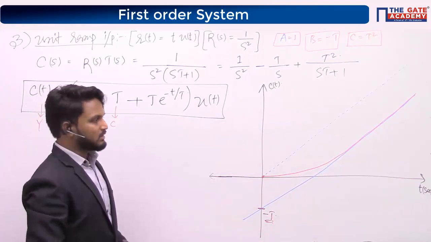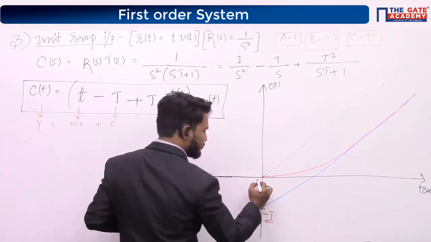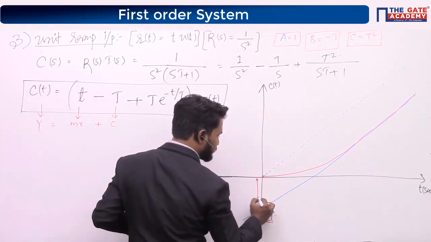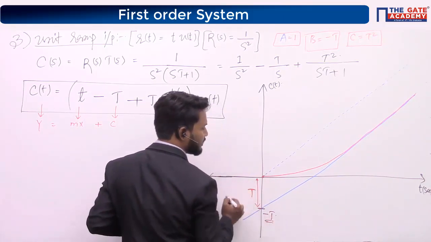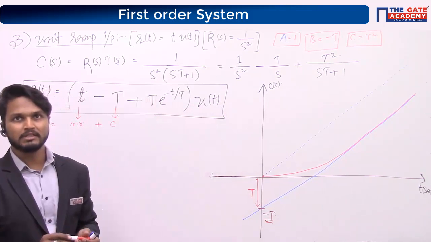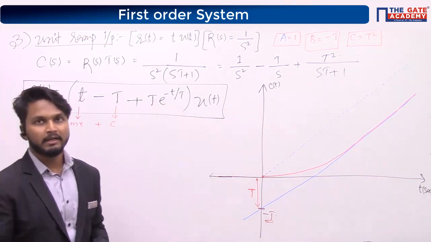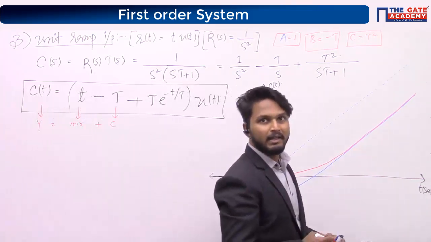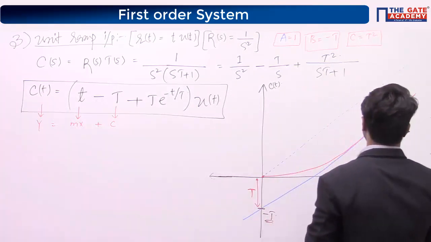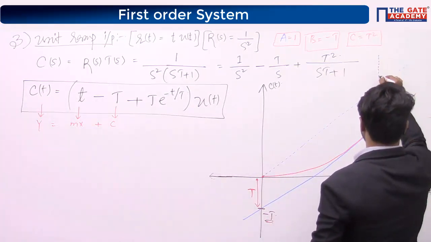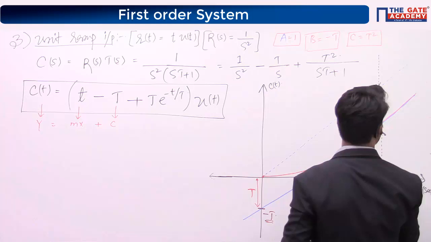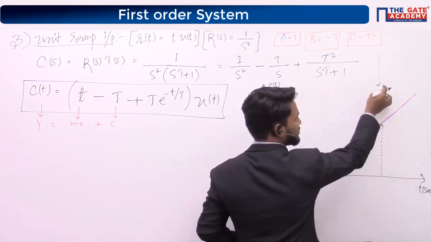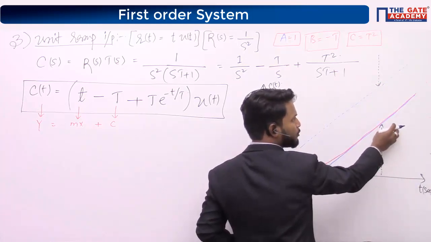Which means, see here, the distance from this point to this point, what is the distance? The distance is T units. Yes or no? The distance is T units, right? Likewise, at any particular instant, as time is large, the distance between these two lines, between the input and the output, is how much?